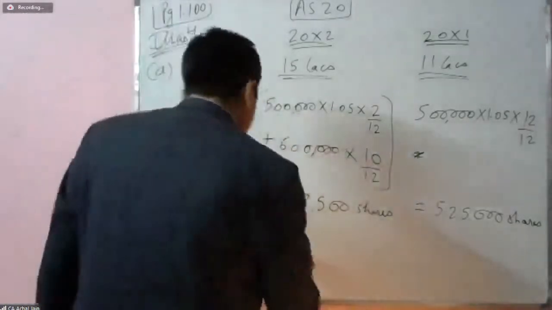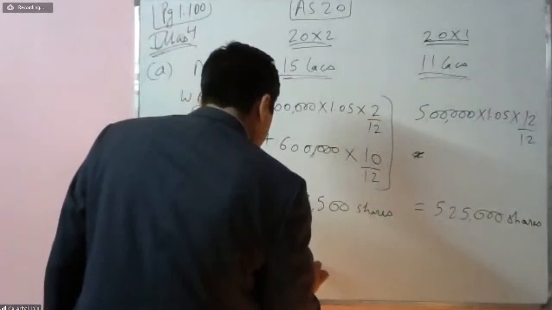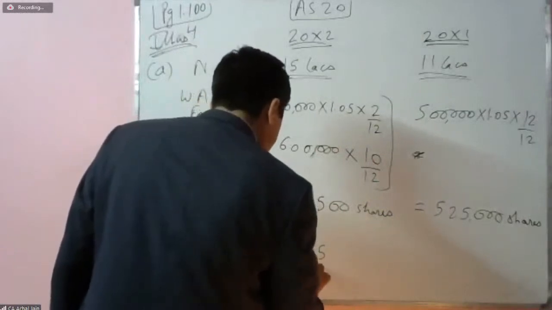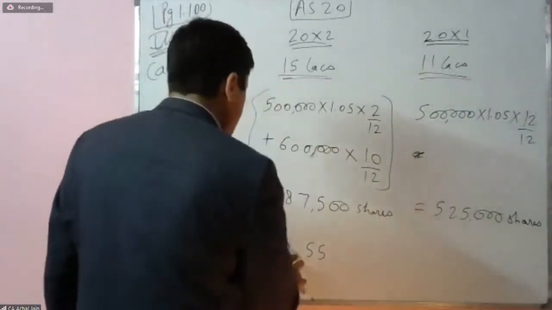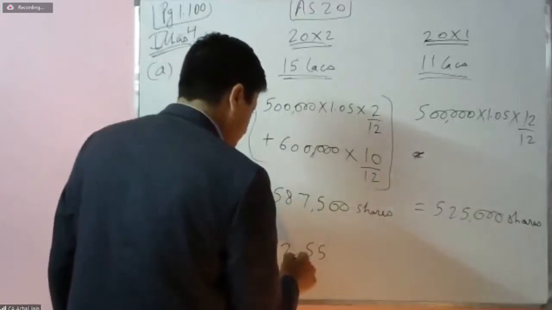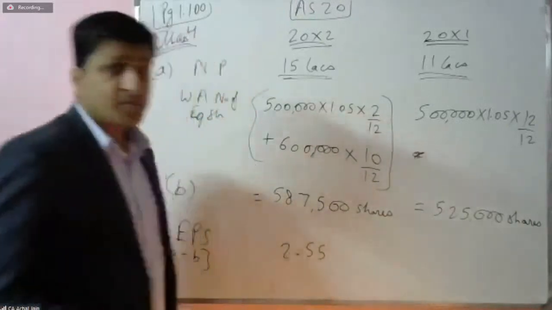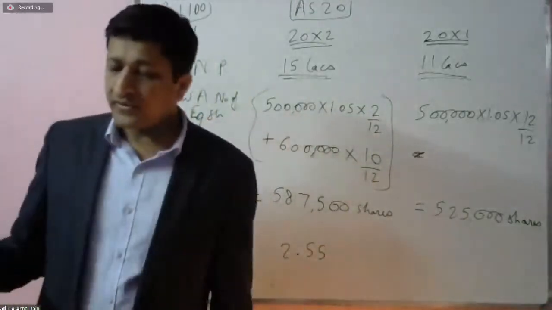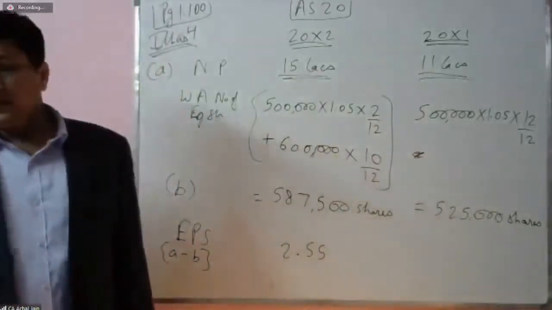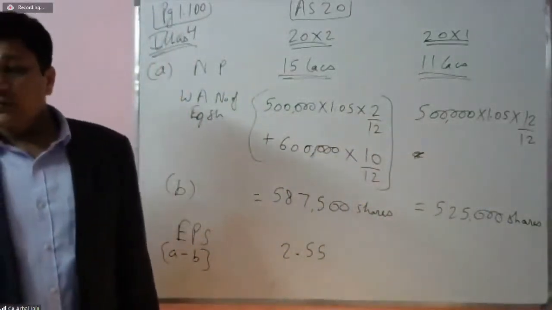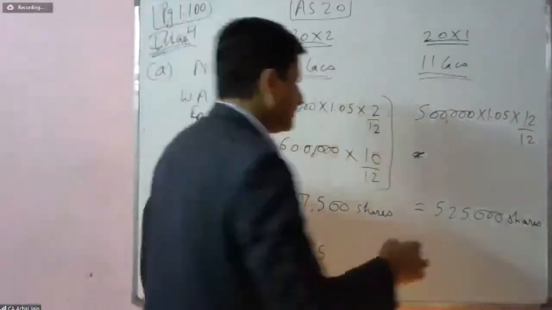This becomes 2.55. Correct? And for the last year, what does it become? 2.10.